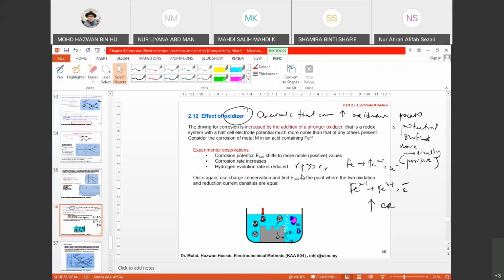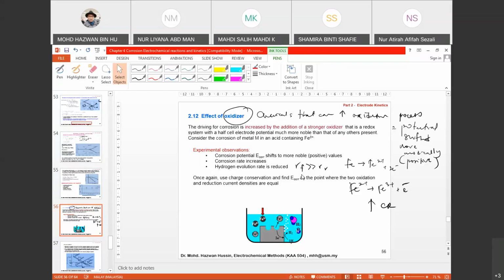So the driving force for corrosion is increased by the addition of a stronger oxidizer, that is a redox system with a half-cell electrode potential much more noble than that of any other present. So consider the corrosion of metal M in acid containing Fe3+.